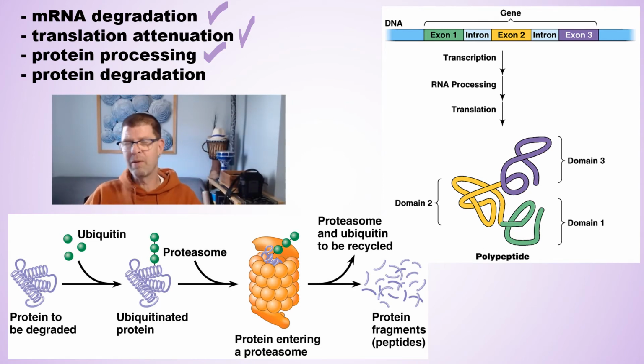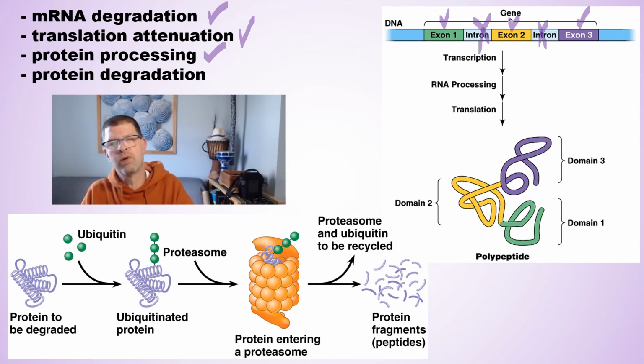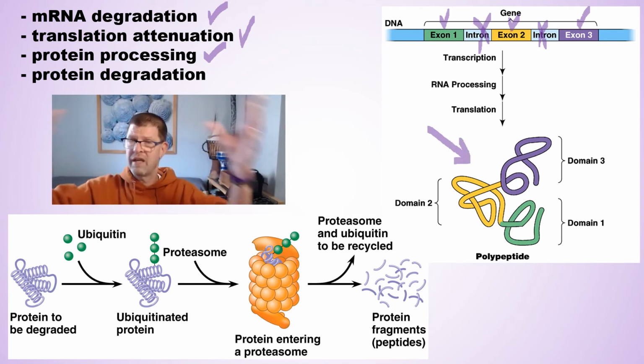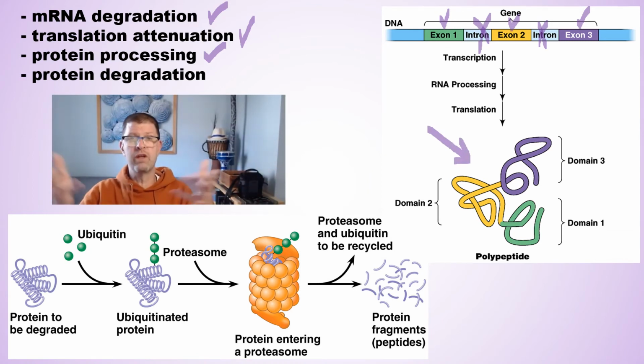We have a diagram on the right here that gives us a little more insight into that. Remember the RNA processing that took place, and we had an exon and the introns were cut out and the exons were kept. Well, in this case, and this is often the case, these exons are parts of the final protein. So we need to make each of them into a polypeptide and then assemble them into this working, large, folded up structure.